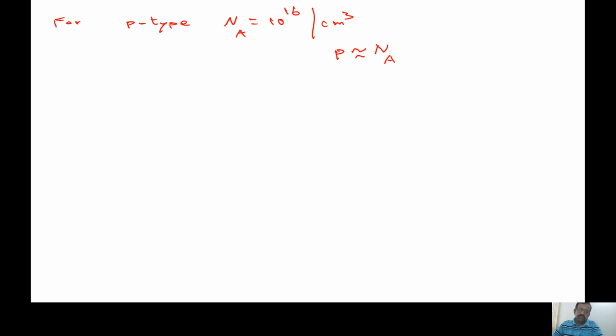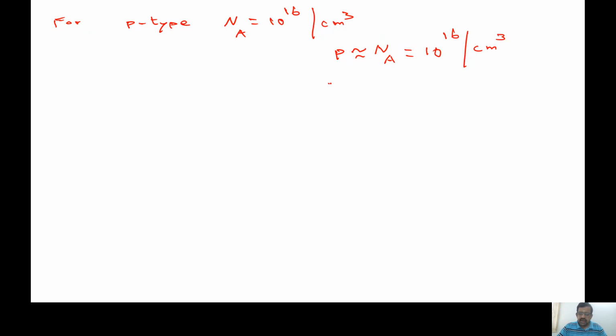For every acceptor atom there is a hole, therefore they are nearly equal. Of course, we are neglecting recombination and minority carriers and all that stuff. So P equal to Na nearly, and therefore it becomes 10 power 16 per centimeter cube.